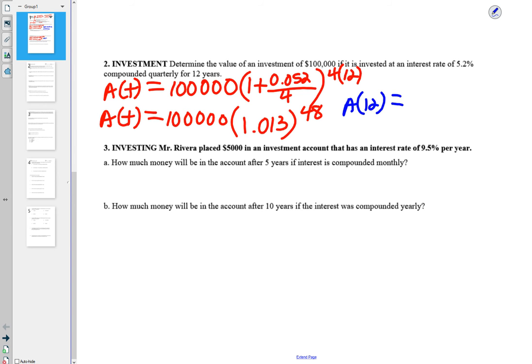With money, where do you round? To the hundredths. Oh yeah, money should be rounded. So I'm getting $185,888.87. If you got something different, holla.